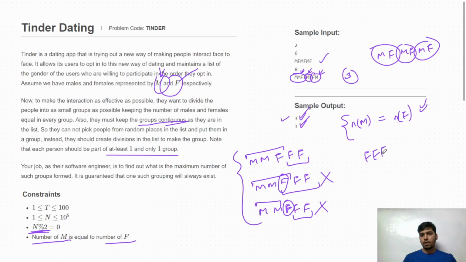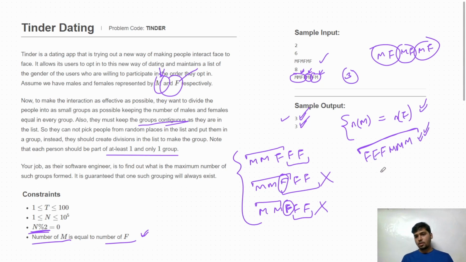We have F, F, then M, M, M, M. In this situation, the only group which we can form is this one. This is the only valid selection, the number of males and females is equal, and hence if we select the entire string, that will be the only possible answer in this kind of situation.